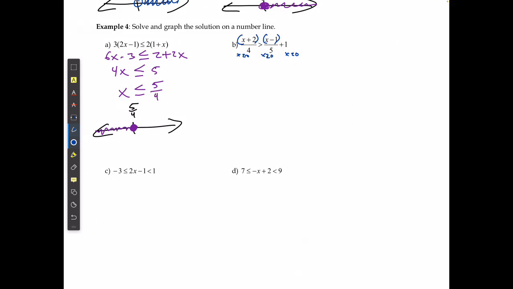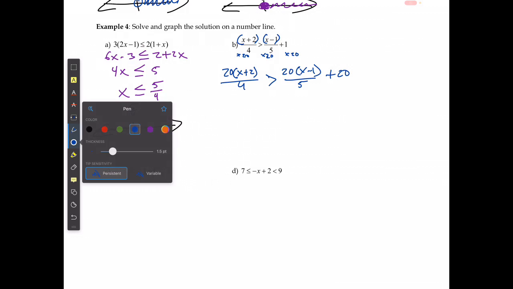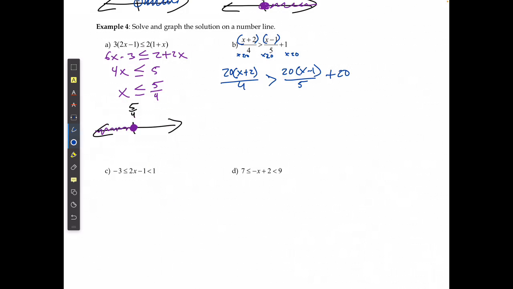So I'm actually going to say that it's going to be 20 bracket x plus 2 over 4 is greater than 20 bracket x minus 1 over 5, and the 1 times 20 is just going to be 20. And now I can divide out. And I'm going to say that this is going to be the same as 20 divided by 4 is 5 bracket x plus 2's. And 20 divided by 5 is going to be 4 bracket x minus 1's plus 20.